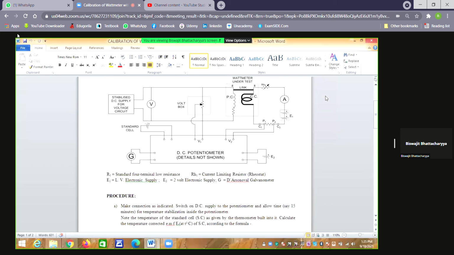The only method is to remove the potential difference between the two pressure coils. Then the two pressure coils will be equipotential, at the same voltage, so there will be no voltage difference. So the electrostatic force or torque will be zero, and only the deflecting torque will act. So that's how we are setting the link.